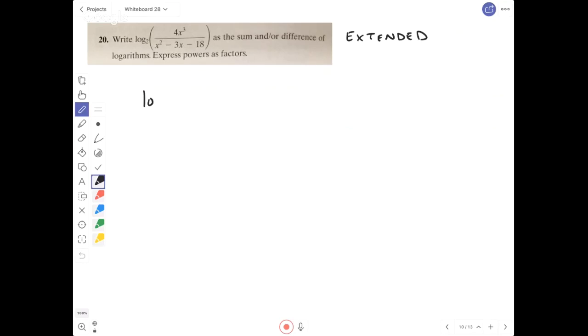So log base 2 of 4x cubed over x squared minus 3x minus 18. Well, I can start with the log of a quotient is the difference of the logs.